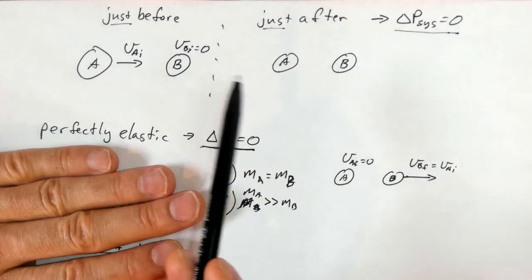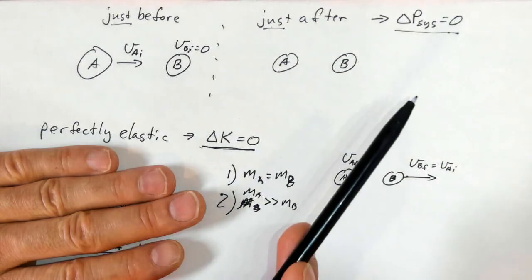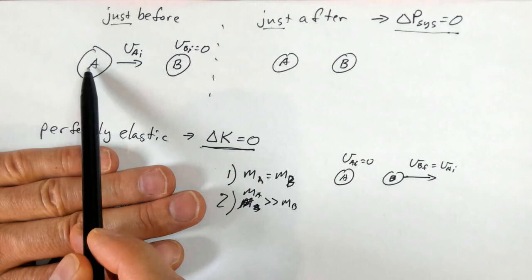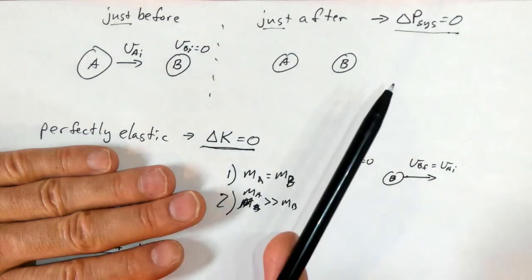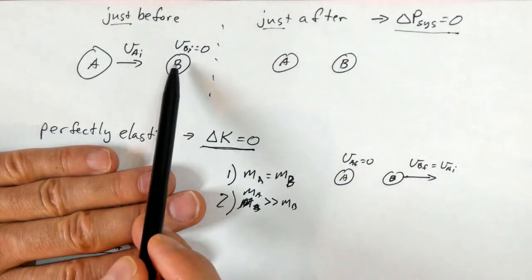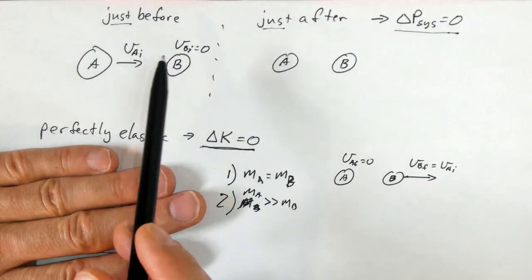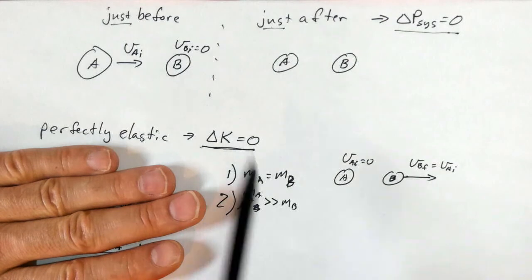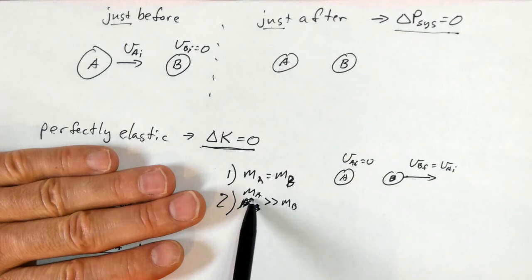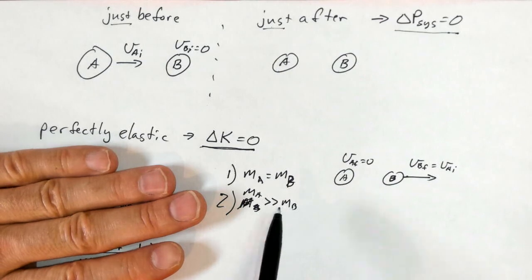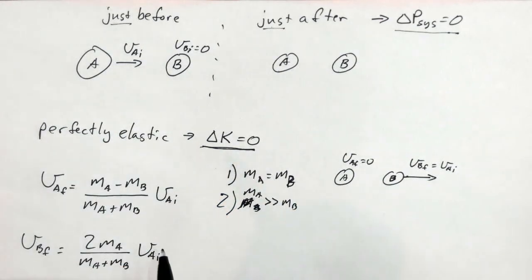How fast, I'm not quite sure, but it should move forward quite quickly, because if the bowling ball isn't stopping, then the ping pong ball has to be shot off ahead of it. So this should have a speed that's faster than the bowling ball. So that's what our intuition says. If the moving object has much greater mass than the stationary object, then the moving object should keep on moving without changing speed, and the stationary object should move off faster.